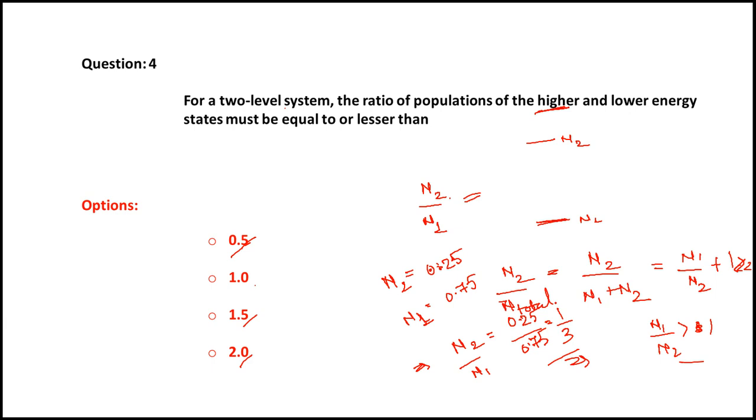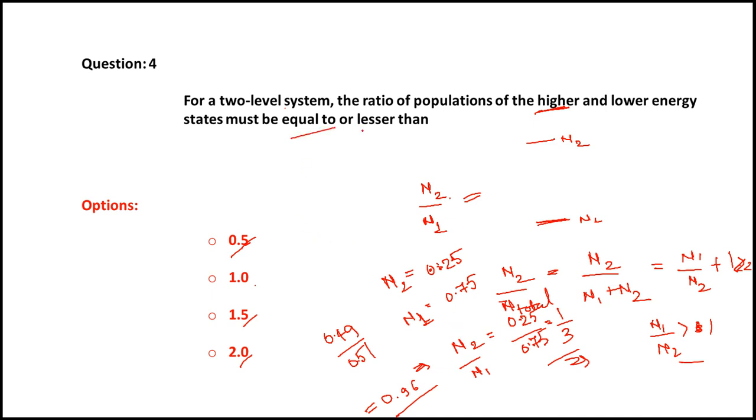But if I take 0.49 and 0.51, this is the nearest case, and it comes to 0.96. So still it is less than 1, but it will never be equal to 1, right?